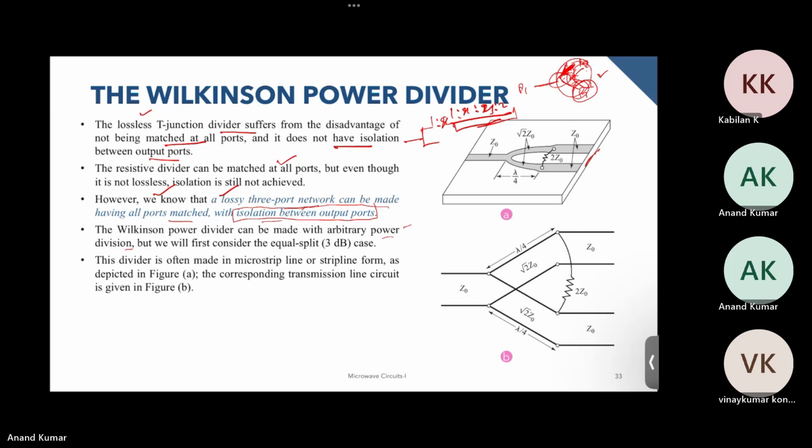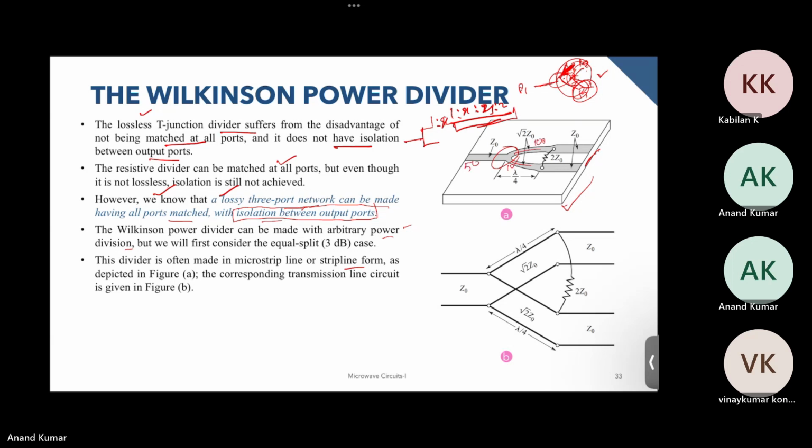This Wilkinson power divider is often made in microstrip line or strip line. It is shown over here, and this is what it will look like. Like every other power divider, we have this T junction over here, and then the power is divided. For example, if this was 50 ohm, this could be 100 ohm.